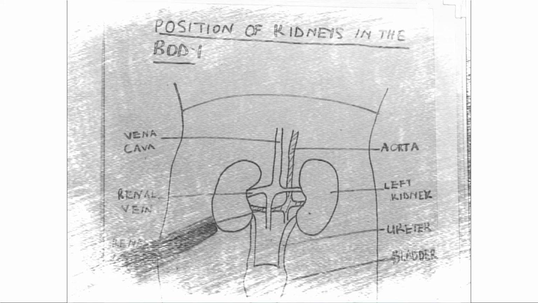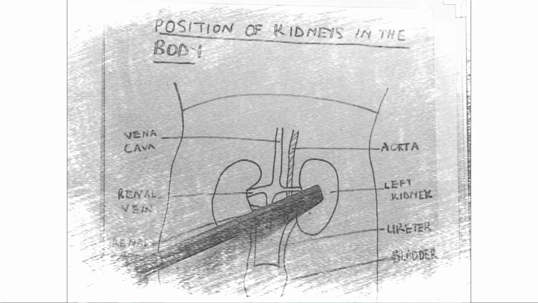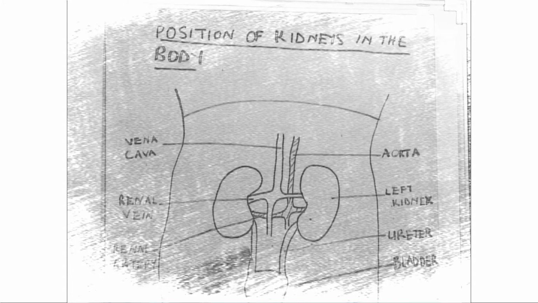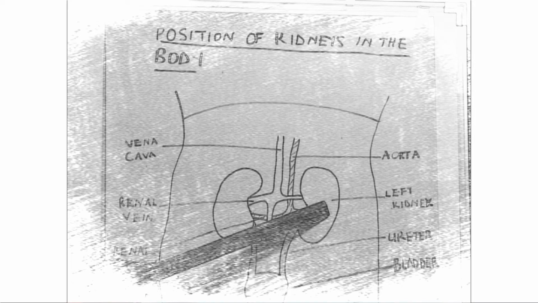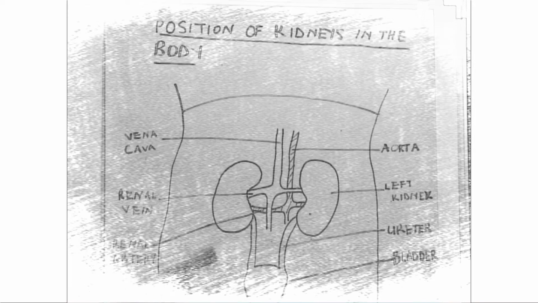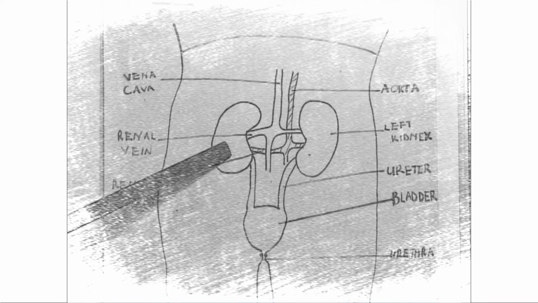Now when you look at the kidneys again, you find that we have two kidneys. This is the left kidney. We also have the right kidney. What is on your right hand side must be the left kidney, and the one on the left hand side must be the right kidney.